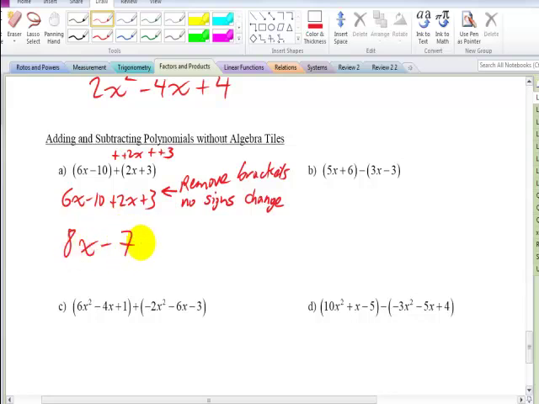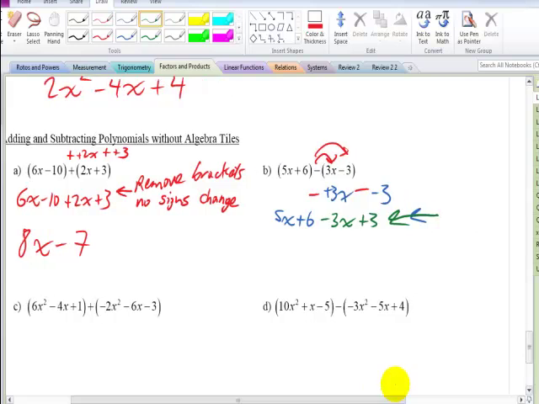Good, thank you. Okay, now for B, I really do think you should rewrite it. So it should be a minus plus 3x minus negative 3. And that step you should be able to do in your head, but now I want you to rewrite it changing your signs. So minus 3x plus 3.